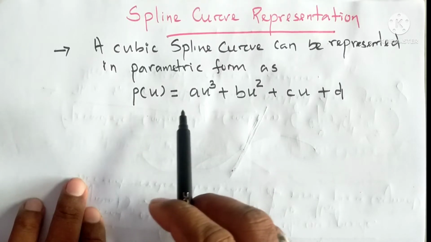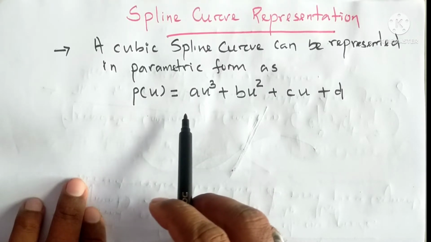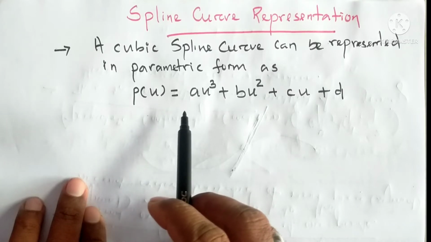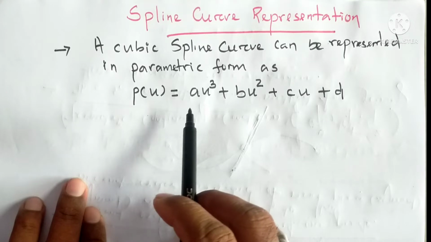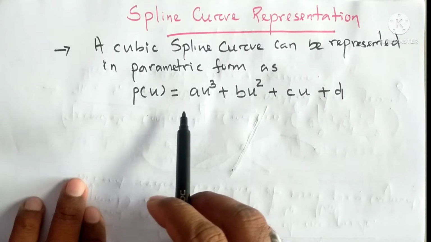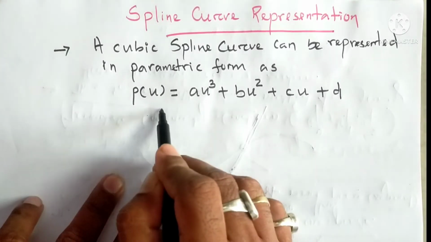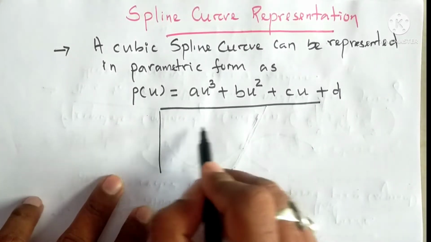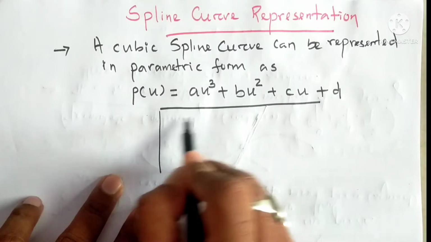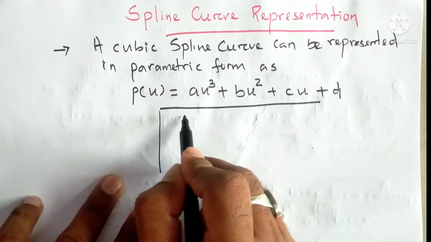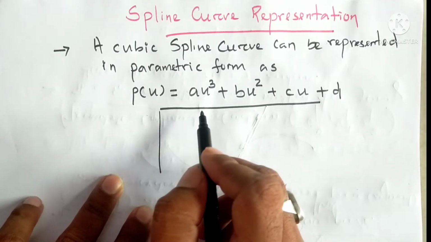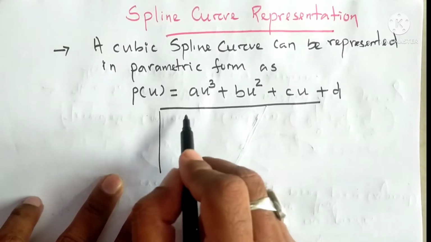So to represent a curve, we may have different ways to represent different curves. Like suppose you have a straight line, we can represent it using some other formats. So this is for your understanding. We know that we have the concept of the implicit function and the explicit function mechanism.